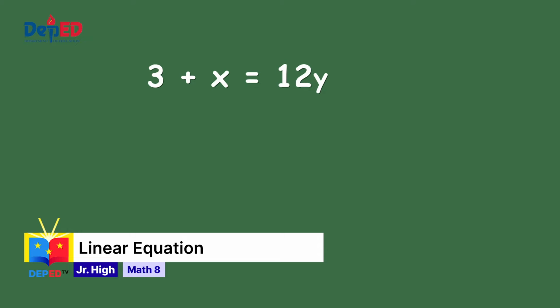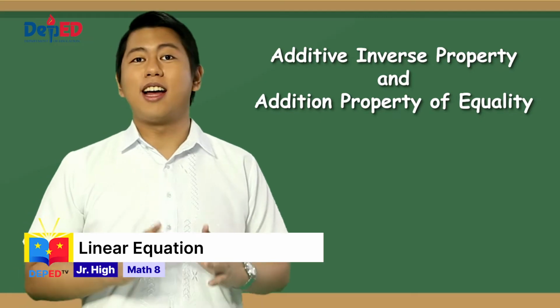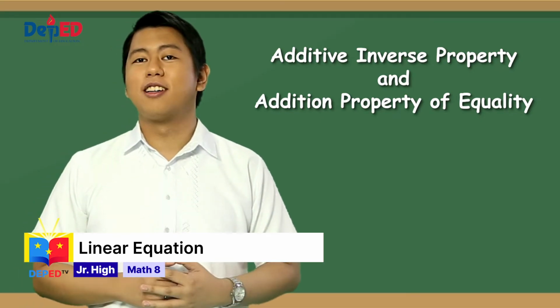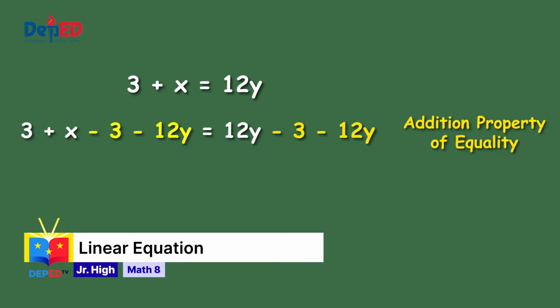We want the x term and the y term to be on the same side of the equation, while the constant term is on the other side. Applying the additive inverse property and the addition property of equality, we will have the new equation 3 plus x minus 3 minus 12y equals 12y minus 3 minus 12y.